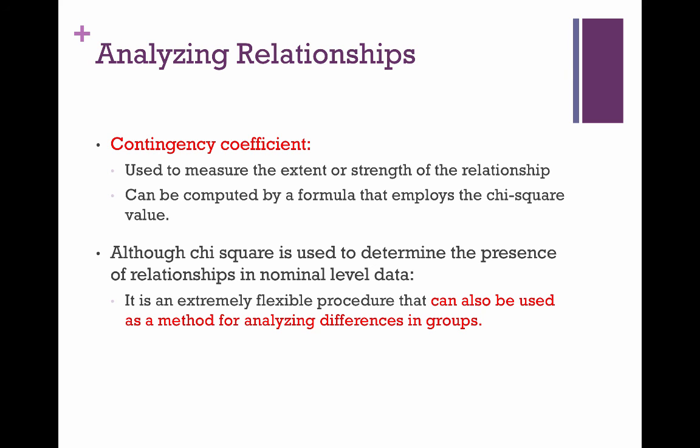Like I said, it'll explain the chi-square, the contingency coefficient, again, whether your data is nominal, ordinal, interval or ratio, whether you're using parametric statistics or non-parametric statistics.